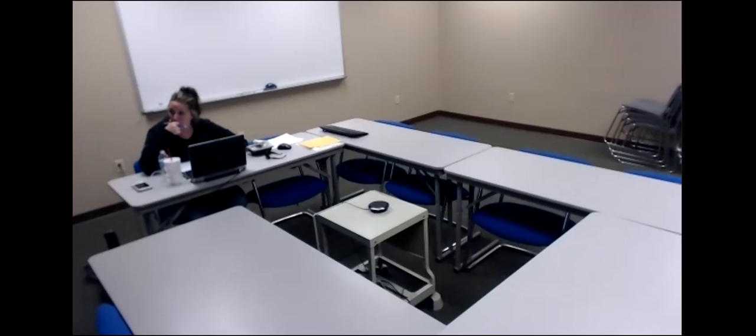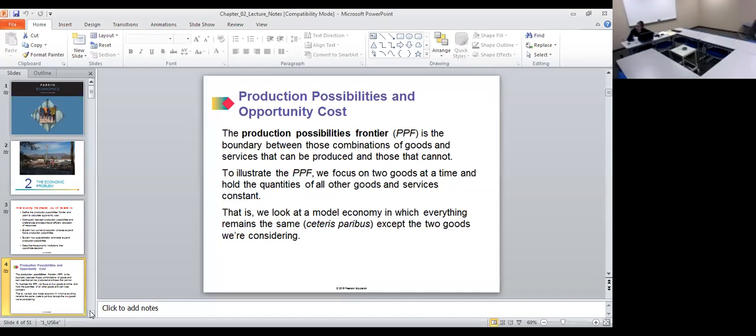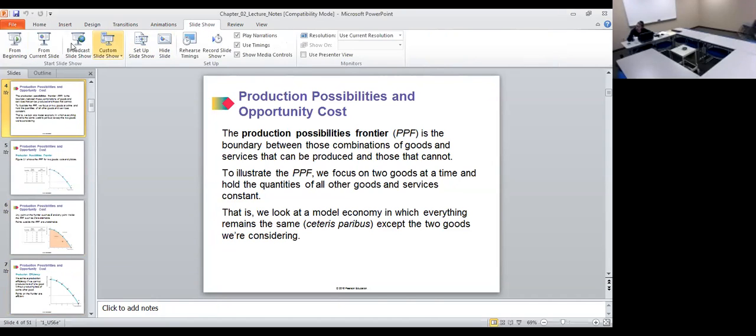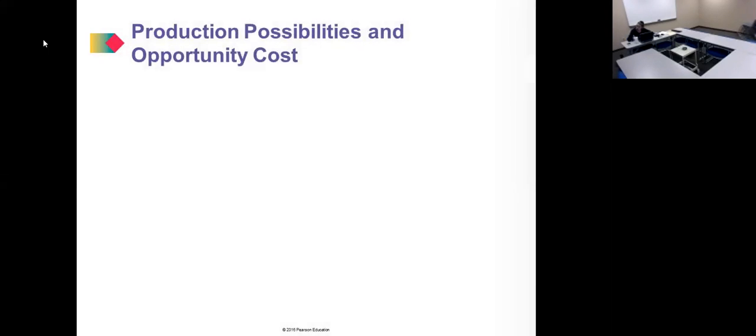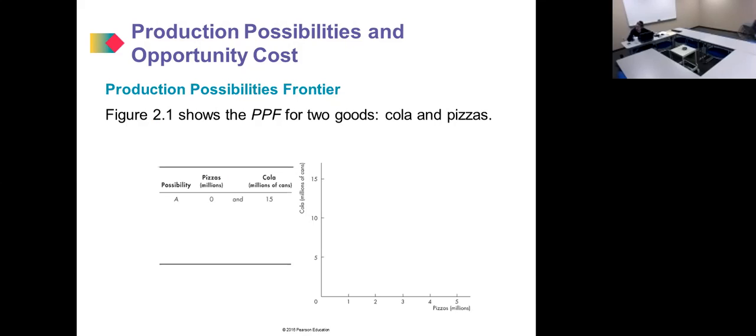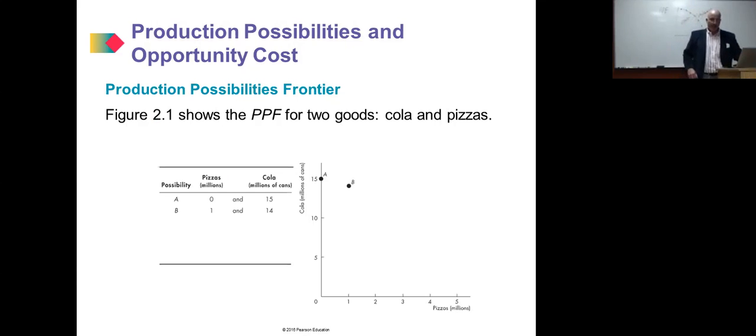Now let's look at figure 2.1 in the text. All right, so here's our example of colas and pizza. And here we are putting our obtainable points.